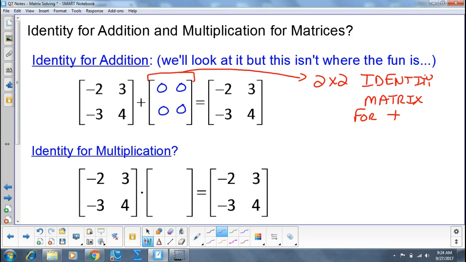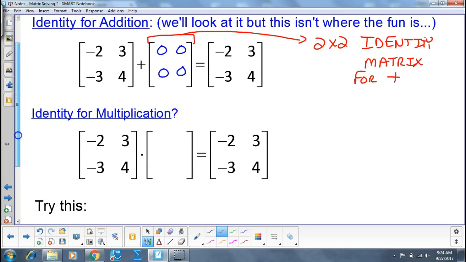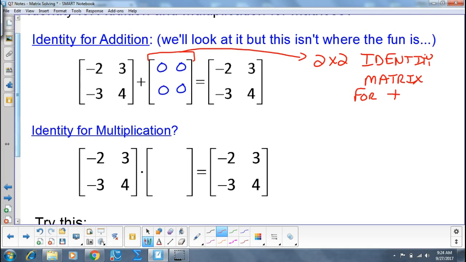Okay. This one gets a little more complicated, okay? Because now we're multiplying. And so to make the multiplicative identities, what you do is you put ones on what's called the main diagonal.